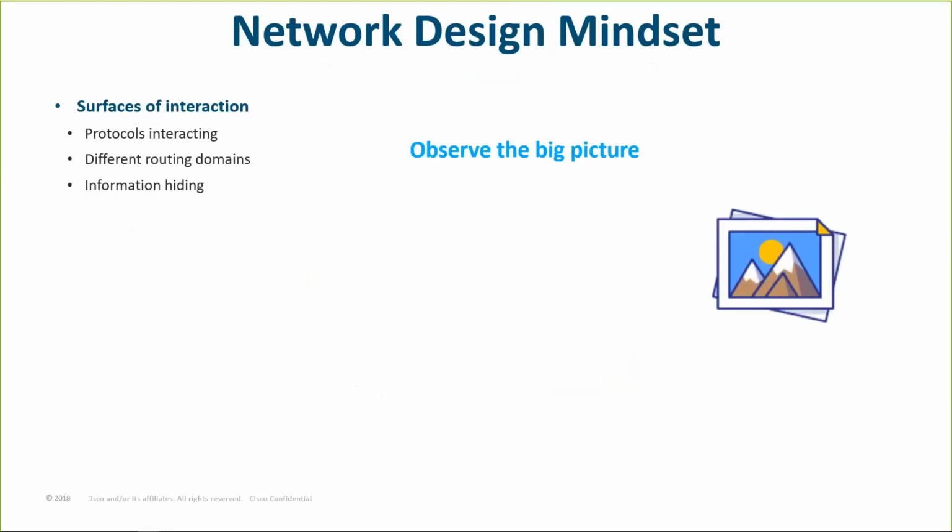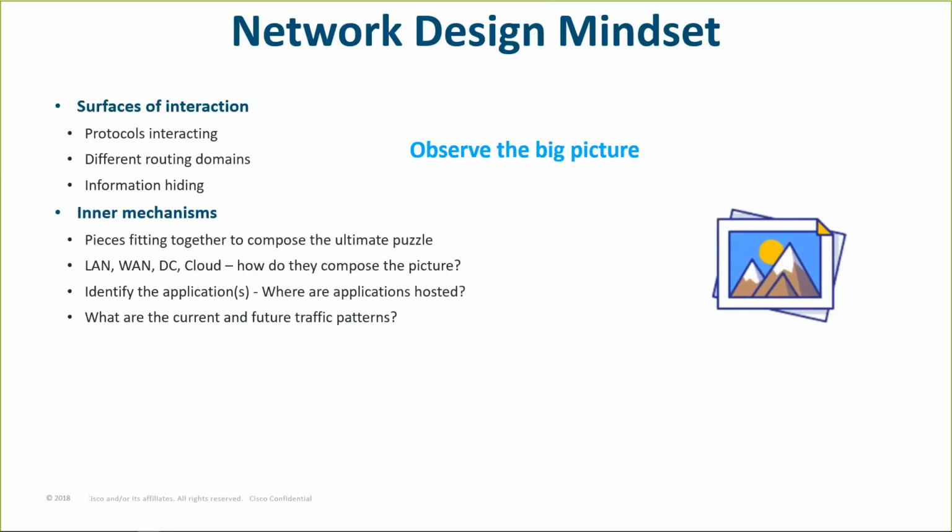Are we hiding information? Where are we summarizing? Where are we aggregating? Where are we having sites being stubs? Where are we isolating one part of the network from another? Where are we just decoupling the network in pieces so the failures on one side don't affect the other side?